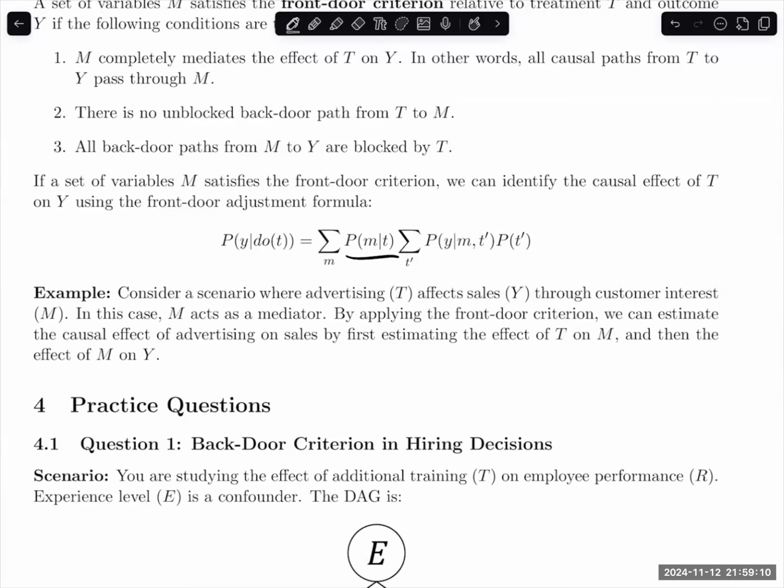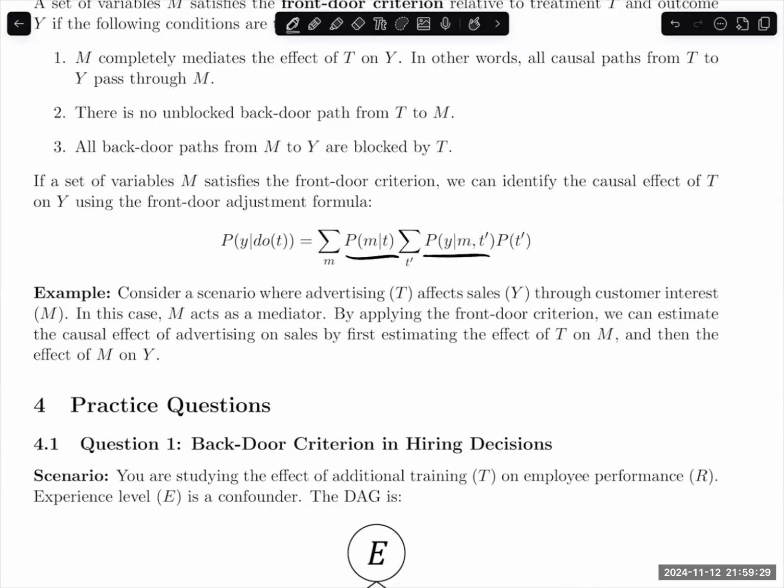Then for each possible value of the mediator, we estimate the probability of the outcome Y given the mediator and the hypothetical treatment, while integrating over the distribution of the mediator.